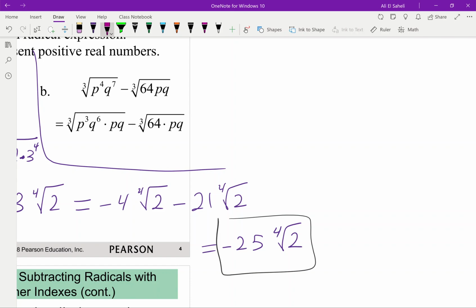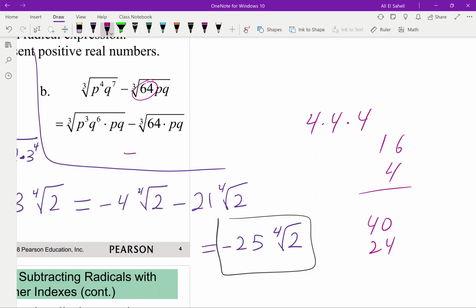Similarly here, 64 is 4 times 4 is 16, times 4 is 64.